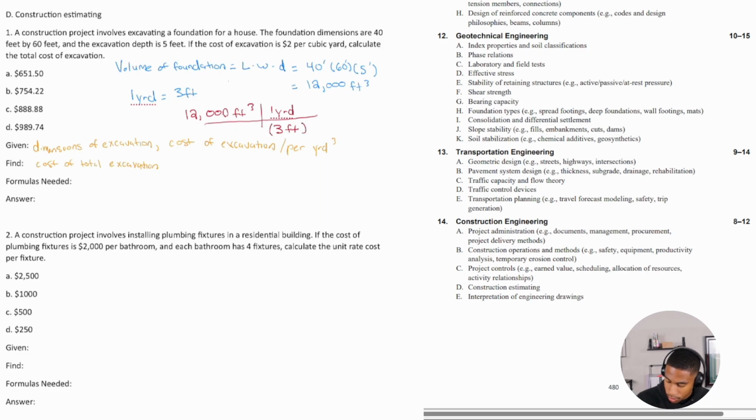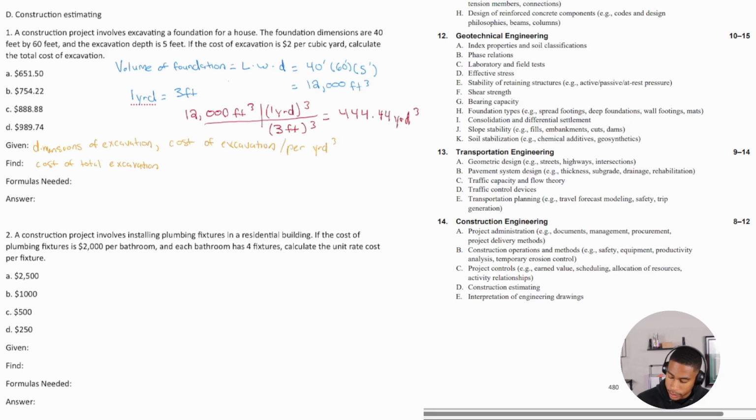So we're going to cube the bottom, cube the top, and that's going to give us 444.44 yards cubed. Okay.